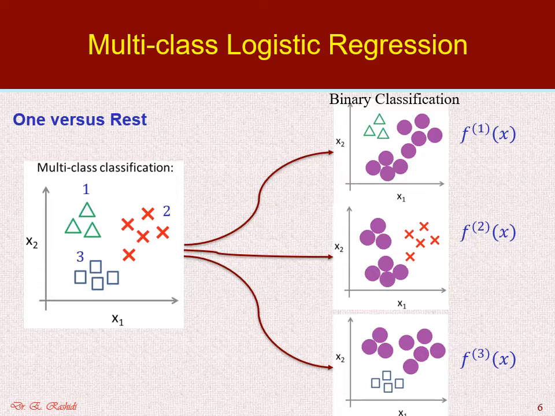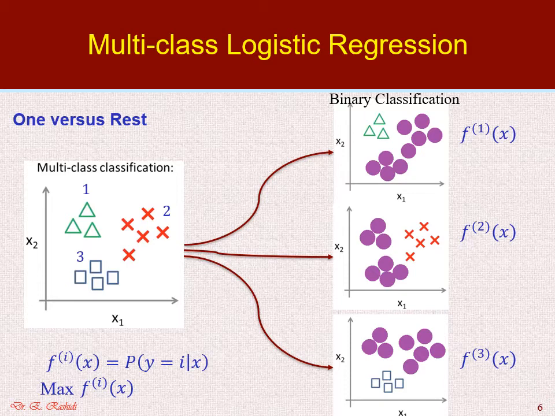Now our model is a set of logistic regressions. When we have a new data point to classify, we're going to classify it to the class for which the probability of belonging, using these different logistic regressions, is the highest.